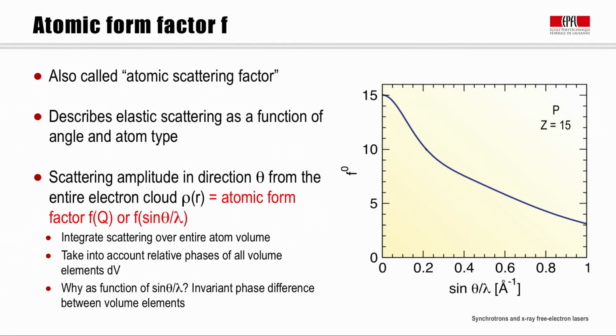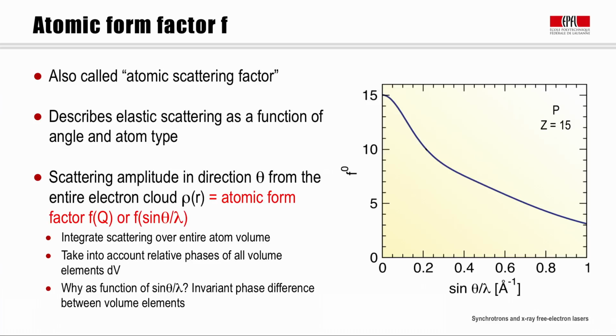The precise drop-off is given by the atomic form factor or atomic scattering factor, F. This describes the elastic scattering amplitude as a function of angle, wavelength, and atom type. More accurately, F is normally expressed as a function of Q, or sine theta upon lambda, as this is the appropriate independent variable.